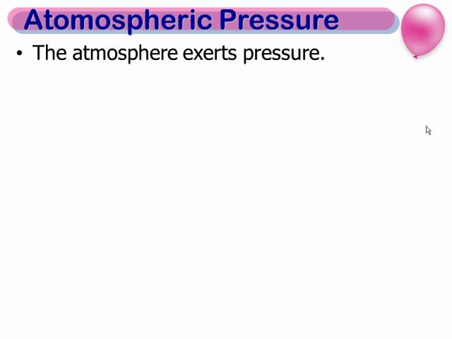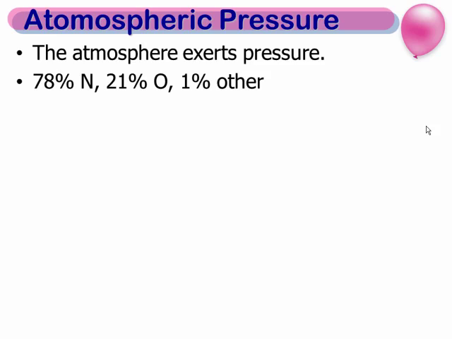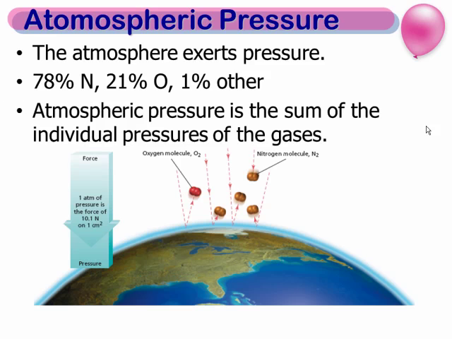So our atmosphere exerts a pressure. It's made up of gases, 78% nitrogen, 21% oxygen, and 1% of that is other gases. And so atmospheric pressure is the sum of the individual pressures of the gas.